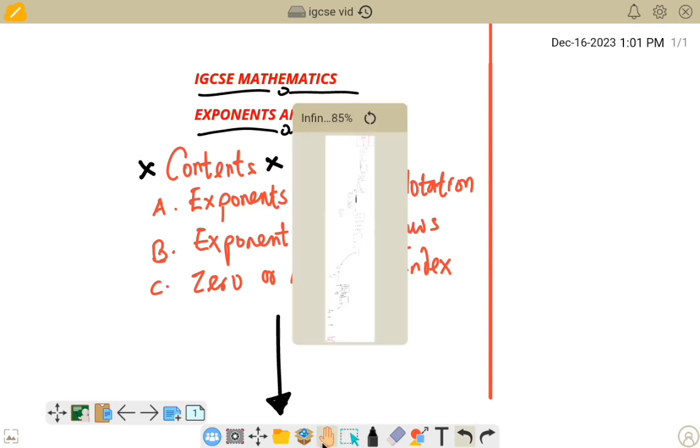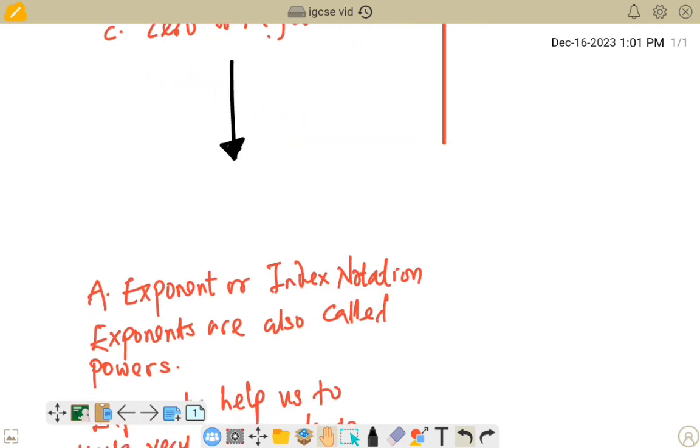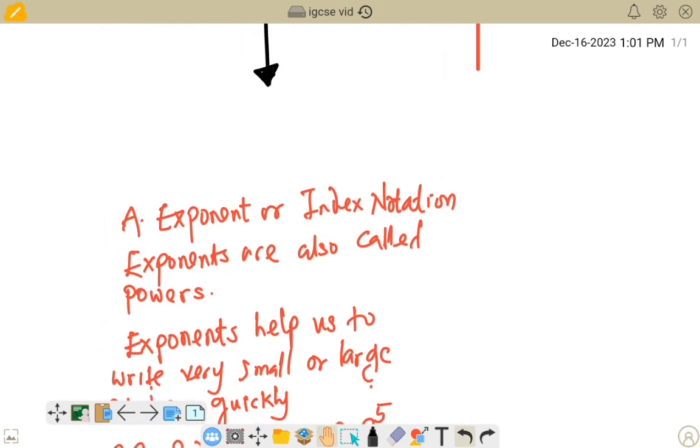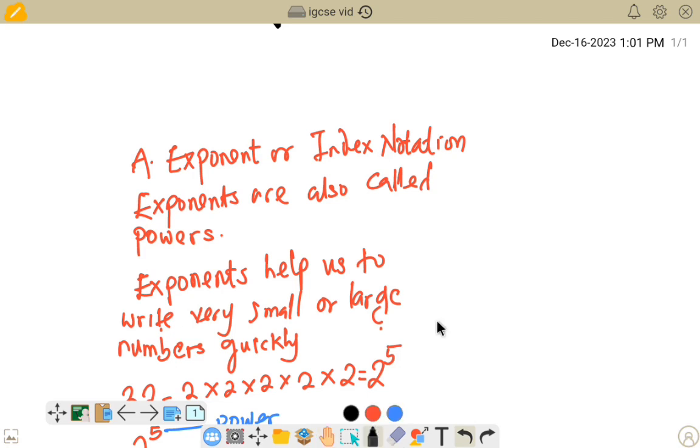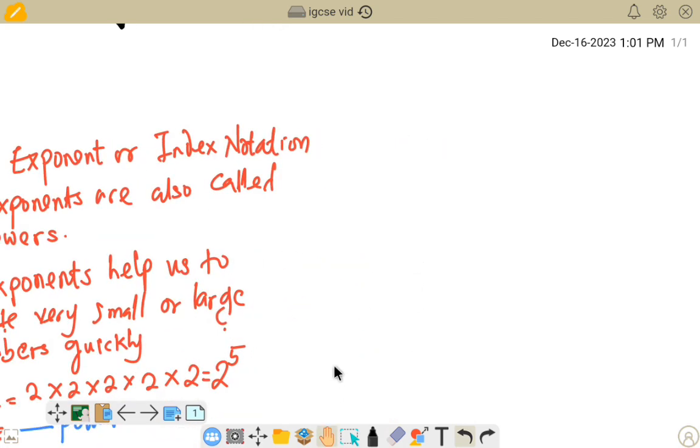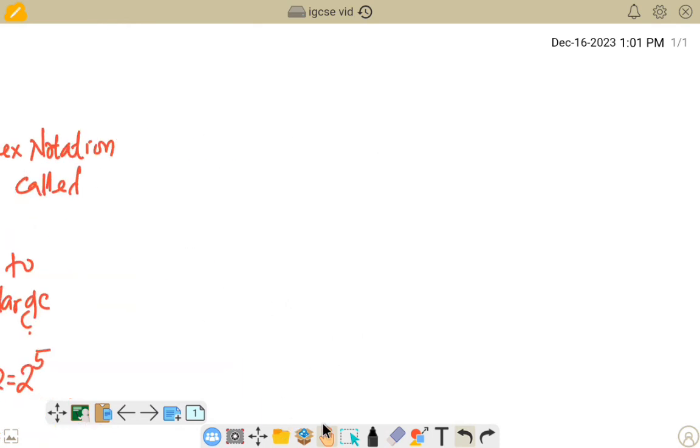When you talk about exponents, exponents have to do with powers, and powers and exponents help us to represent large numbers in simple ways. Take for example a number like 64. You can write this 64 in another way.